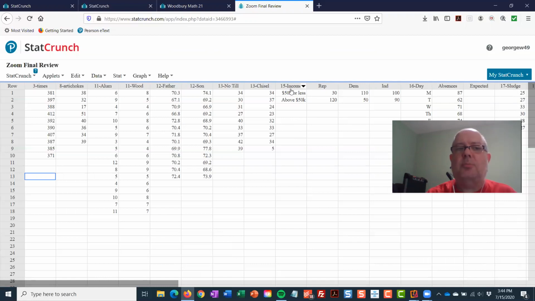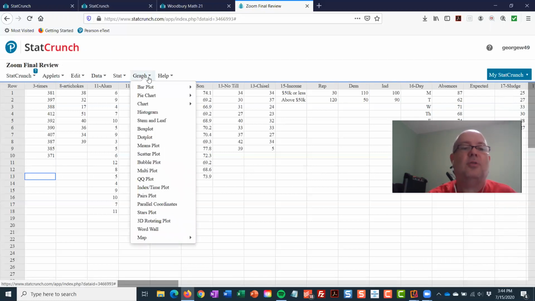And the number in the problem, I put only in the first column here. So problem 15 dealt with income and these 3 columns as well. Again, the data sheet I'm working in is called Zoom Final Review, and you can find that inside your StatCrunch group, Woodbury Math 21.